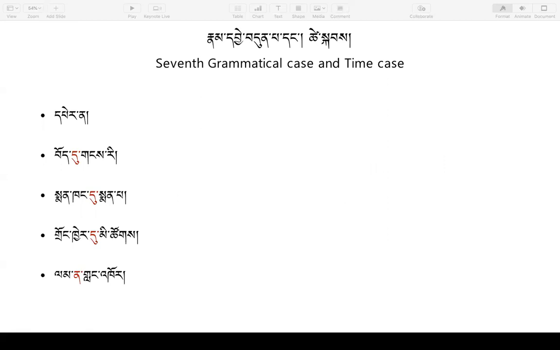So you may think that it shows the position of an object and the phenomena.